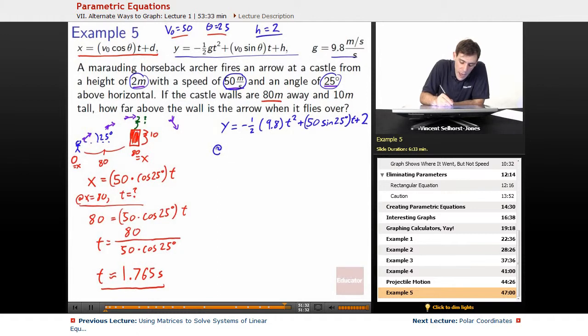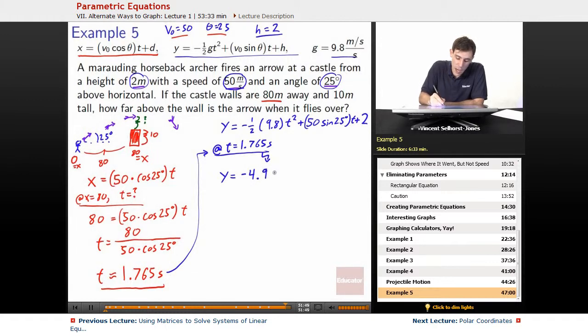We plug in time equals 1.765 seconds, because that's the time we're interested in. So y equals negative 4.9 times 1.765 squared, plus 50 sine 25 degrees times 1.765, plus 2.